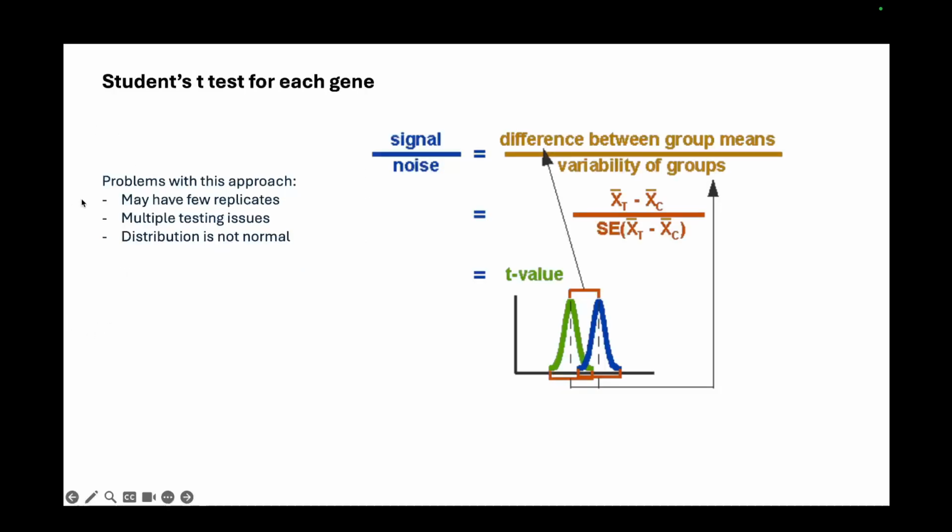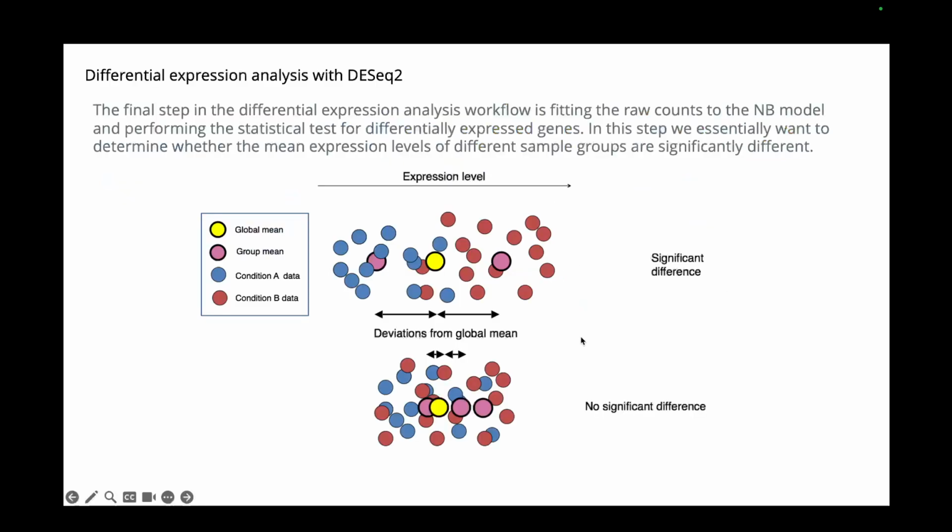And if you want to find, say, whether two genes have different expression or not, you can do Student's t-tests for each gene. So the difference between group means divided by the variability of the groups. Along with that, you'll get a p-value telling you if it is significant or not.